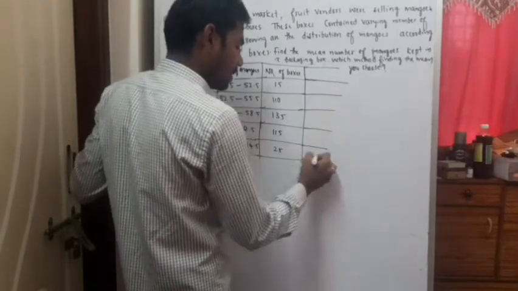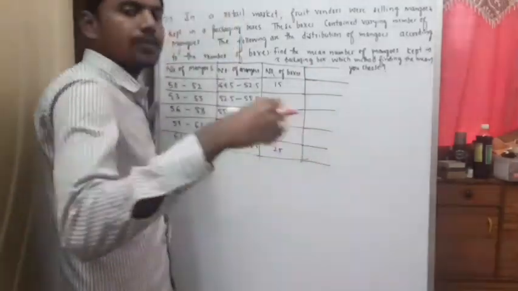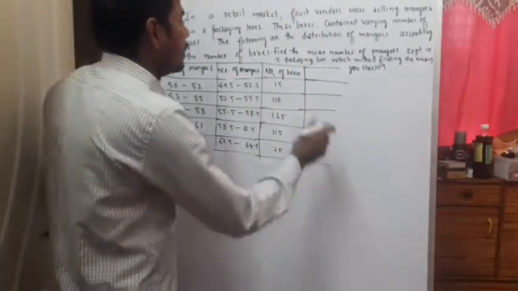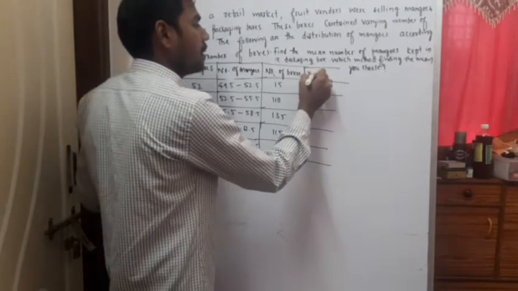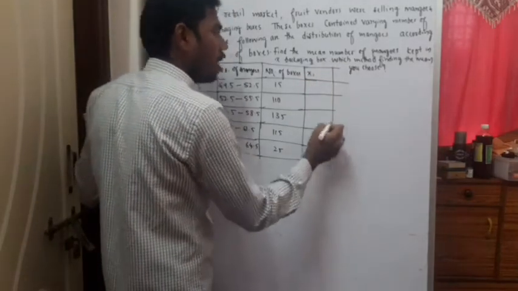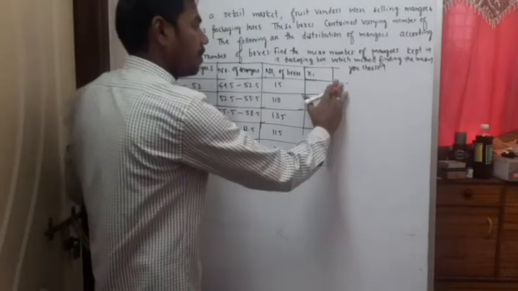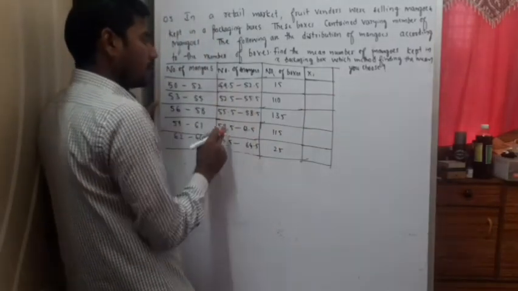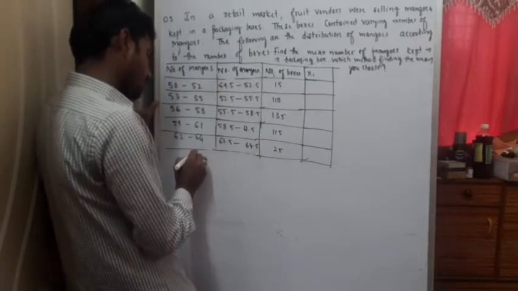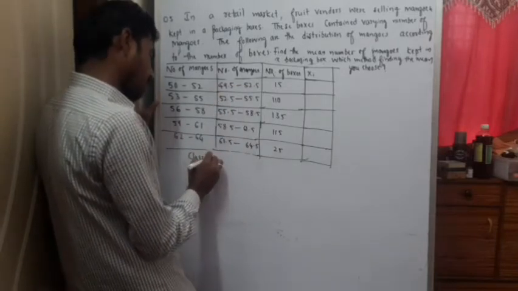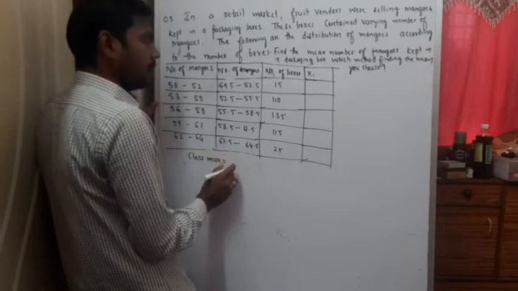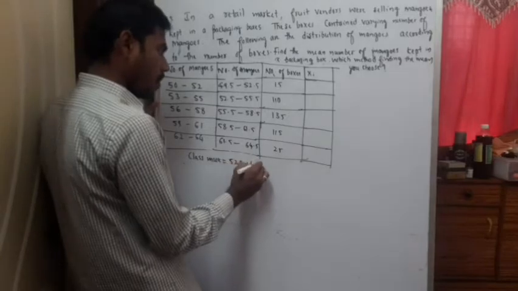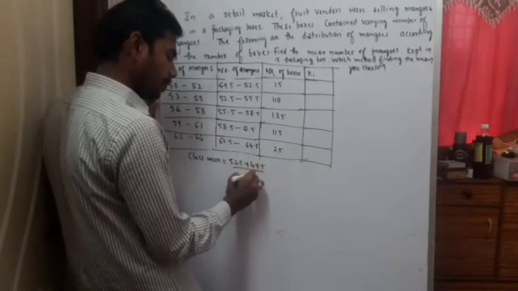See, since the numbers are quite big, we can go for the assumed mean method. In that, the first step is to find the class mark. How will we find the class mark? The class mark is equal to 52.5 plus 49.5 divided by 2.